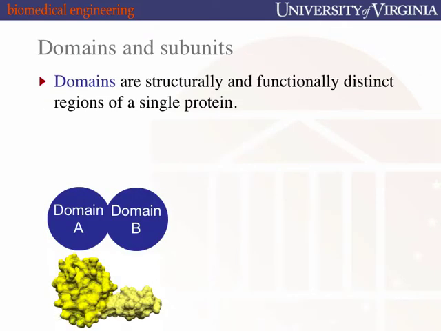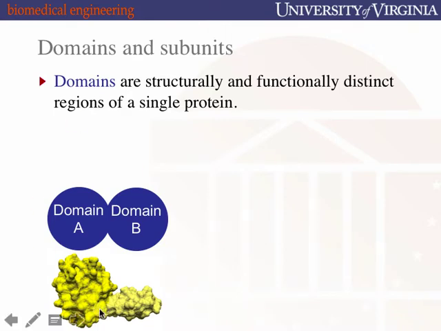All right, so I'm going to back up a little bit and just talk about some vocabulary, just so that we're really clear. And what I want to focus on here is the difference between what we call a domain and what we call a subunit. Domains are structurally and functionally distinct regions of a single protein. One long polypeptide chain that's formed a tertiary structure that has multiple, both structurally distinct and functionally distinct regions within that single protein.